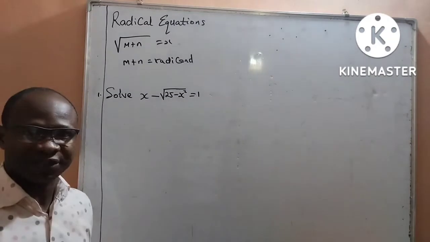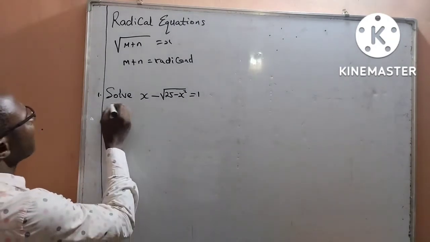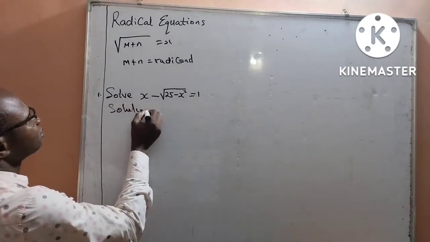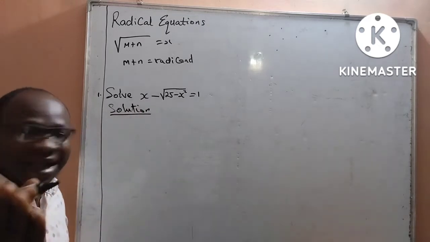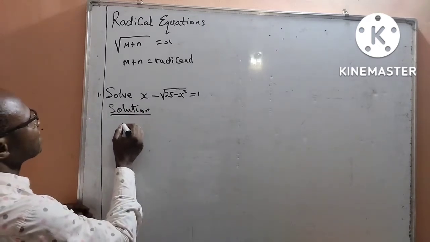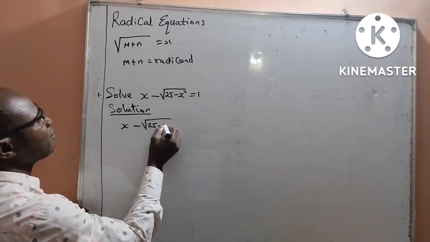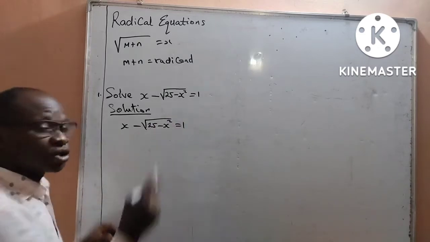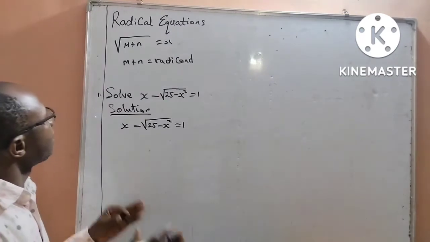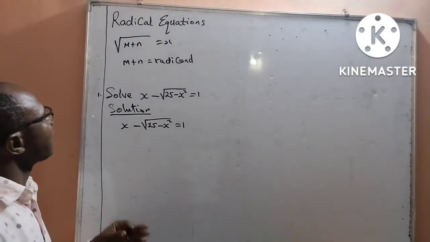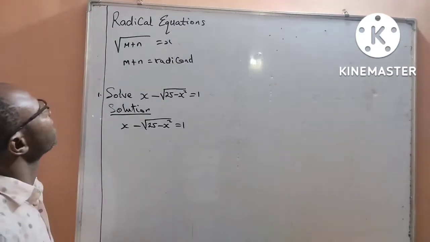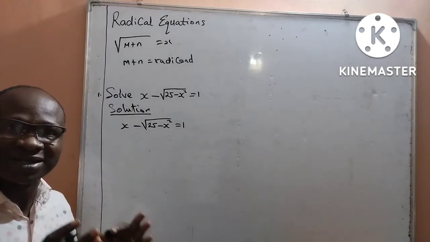Let us solve it. By solution, we are given x minus the square root of 25 minus x squared equal to 1. First and foremost, I want to move the radicand to one side.